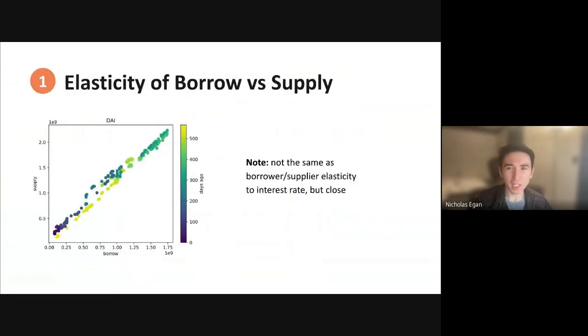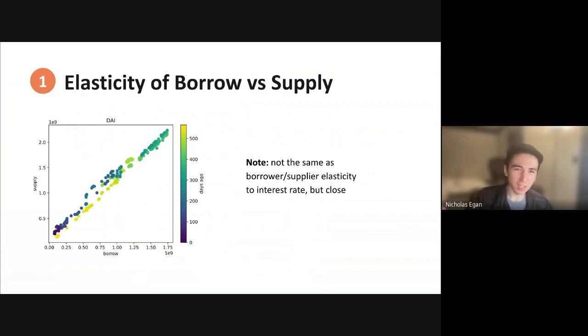The first heuristic is the elasticity of borrow versus supply. The figure on the left shows historical amounts borrowed on the x-axis versus amounts supplied on the y-axis for DAI in this case. The color of each dot in this scatter plot denotes how long ago this particular day was.